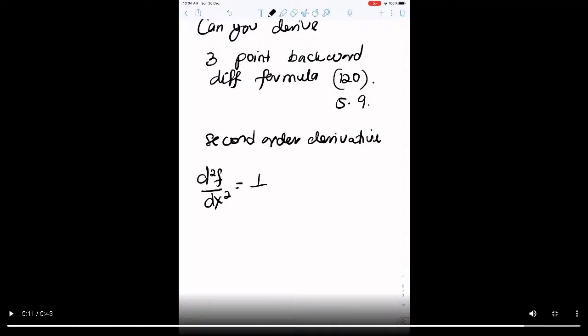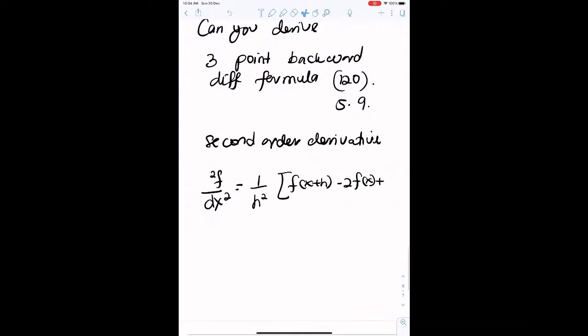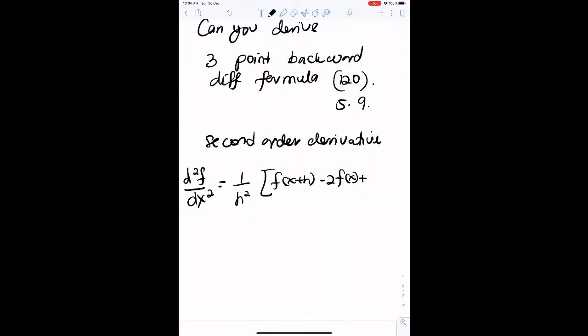If you want to find the minimum point, you can also use the second order derivative. So for many functions, why do we need the second order derivative? The simplest way is that the Taylor series can prove it. The second order derivative is 1 over h squared times f(x + h) minus 2f(x) plus f(x - h).